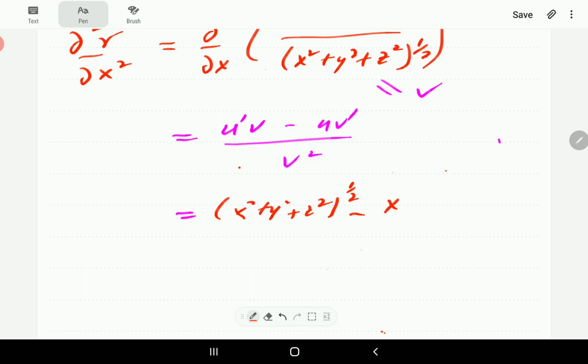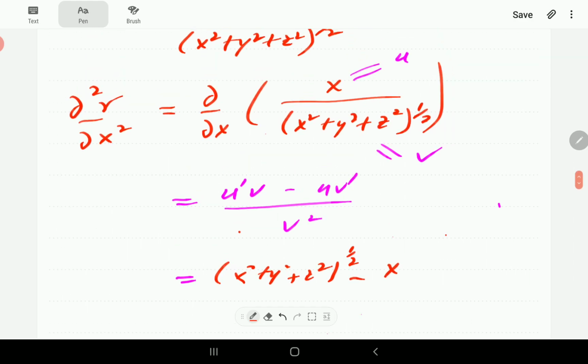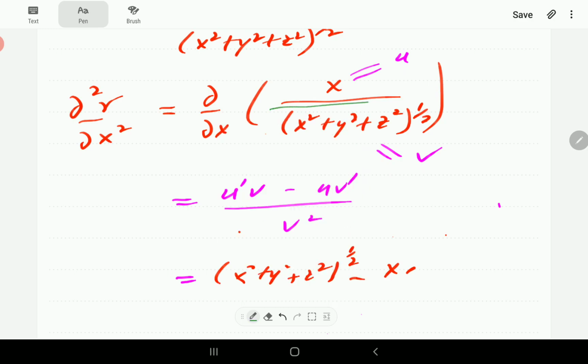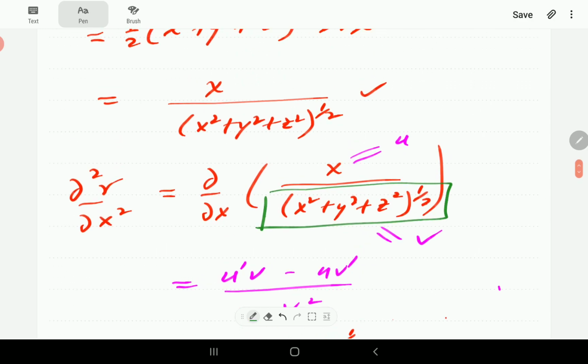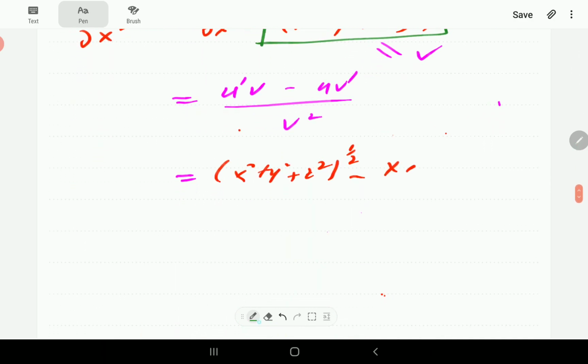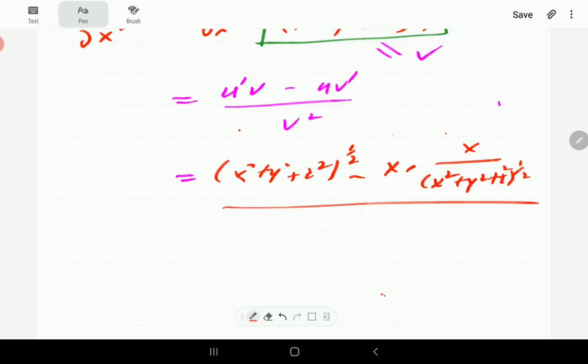And then we multiply by u, and the derivative of v we've done in the previous line, and it's given by that. So it's just going to be x times x over x squared plus y squared plus z squared to the power 1/2, and then this is all going to be divided by v squared.